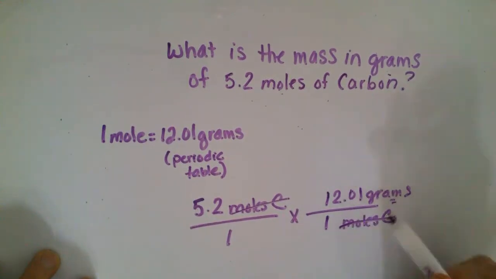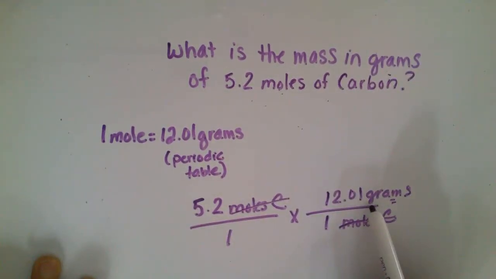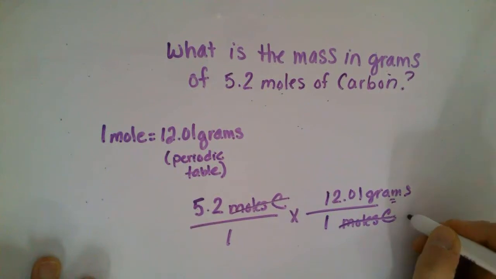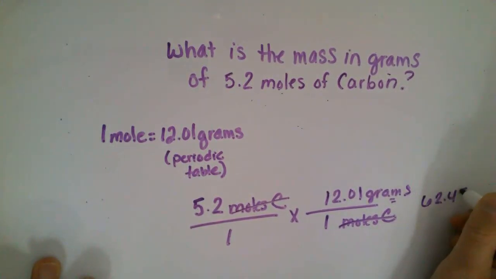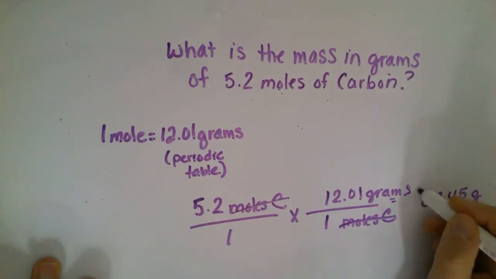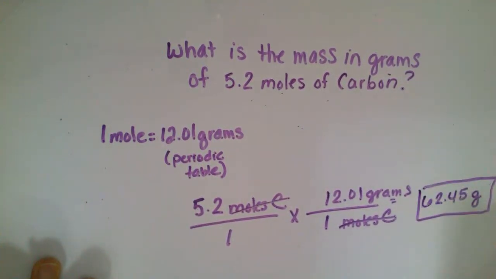So what you would do is you would take 5.2 times 12.01, all of it over 1, and you would end up with 62.45 grams. Okay? So 5.2 moles of carbon will weigh 62.45 grams.